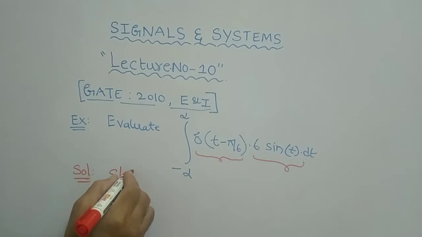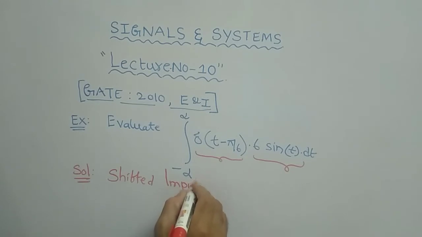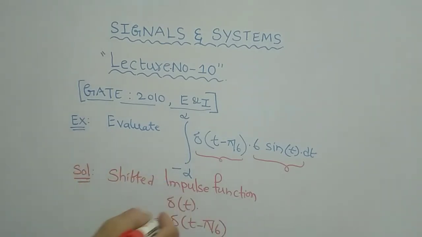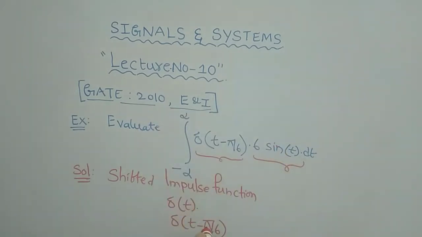Normally, delta of t is the unit impulse function in general, whereas delta of t minus pi by 6 is the shifted impulse function, where the impulse function delta of t is shifted by pi by 6 units.